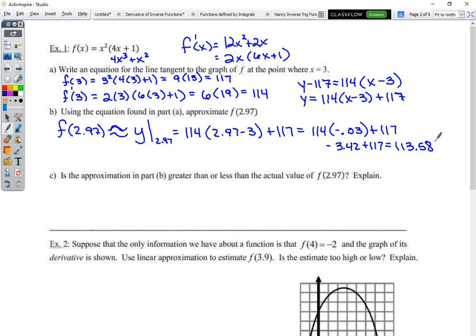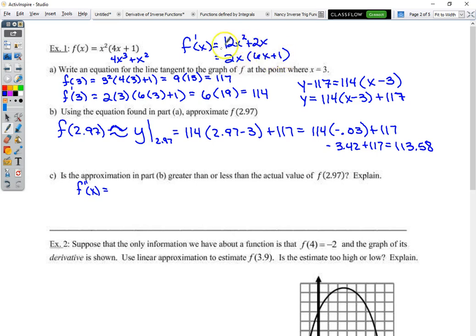Now the last part asks: is the approximation greater or less than the actual value? To do that, we want to identify the concavity of the function between 3 and 2.97. So I'll take the second derivative of f of x.